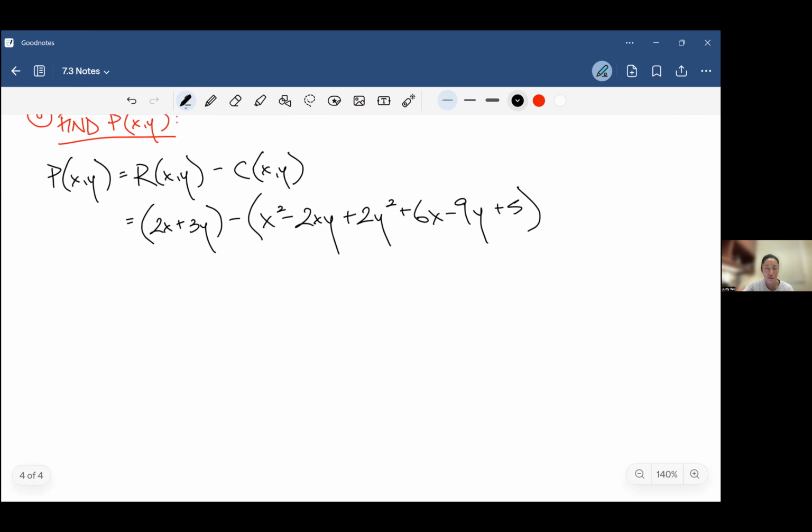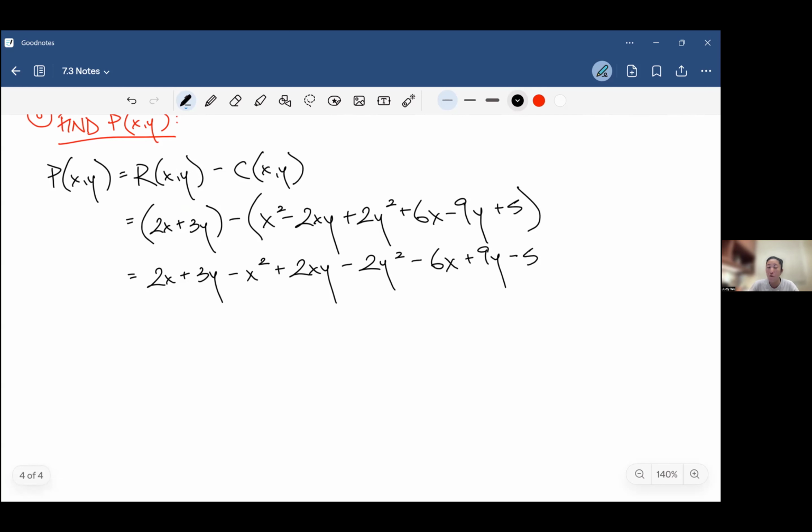And then all the work I do after that is kind of meaningless, okay? So 2x plus 3y minus x squared plus 2xy minus 2y squared minus 6x plus 9y minus 5. Ooh, that's a lot of signs we need to change there, okay?